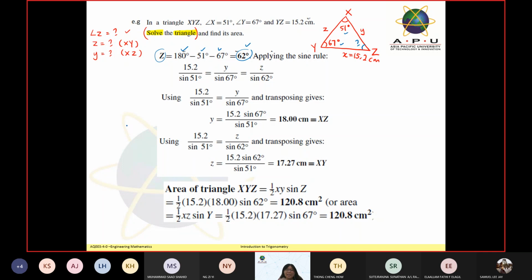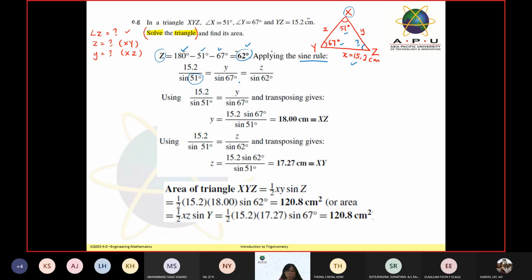Next, I would like to find the sides z and y. How do we find them? Here we can solve using the sine rule. According to the sine rule, we have the side 15.2, so what is the corresponding angle? The corresponding angle is the angle X, so 15.2 over sine 51.